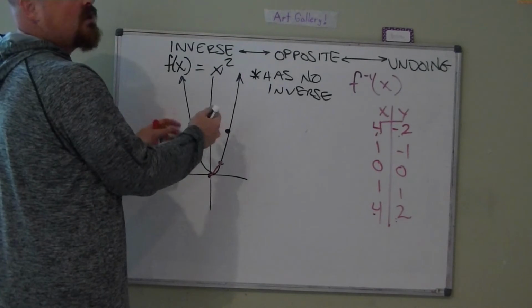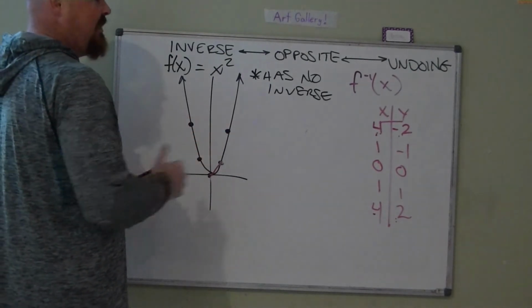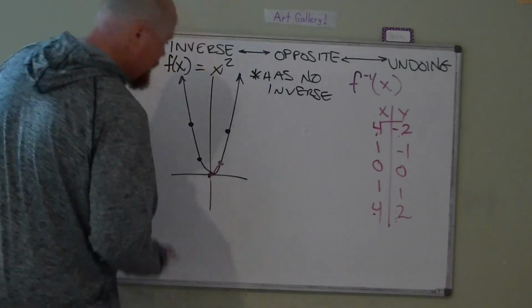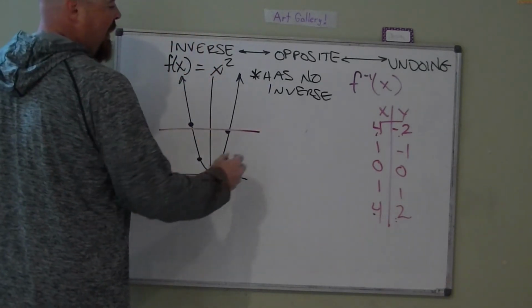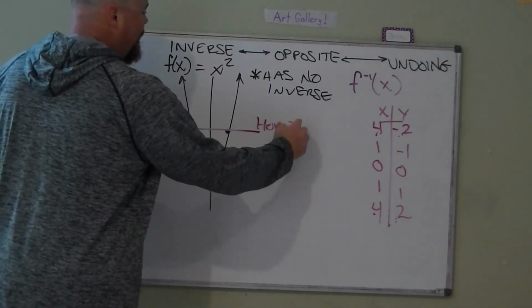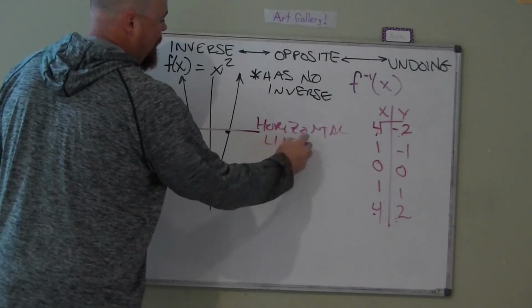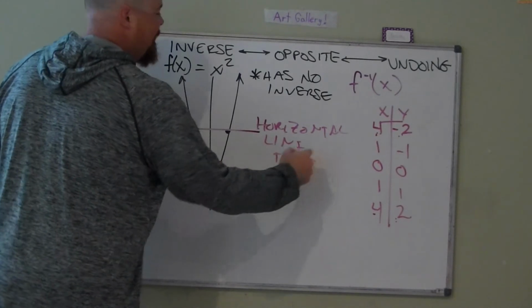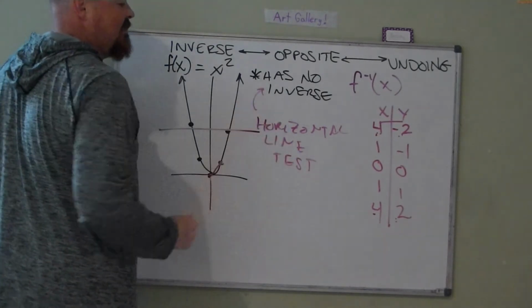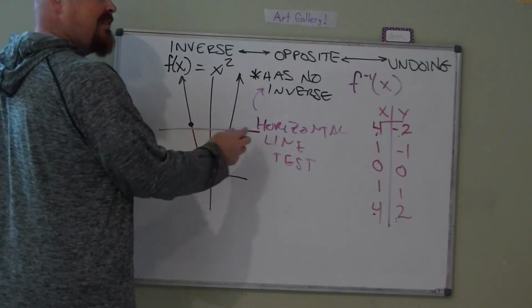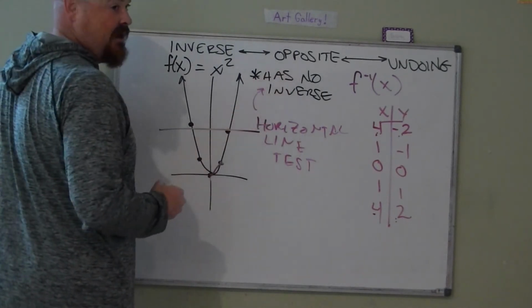This is a function, but it does not have an inverse because it does not pass the horizontal line test. The horizontal line test, you'll want to write this down, tests to see if something has an inverse. So if it does not pass the horizontal line test, it does not have an inverse.